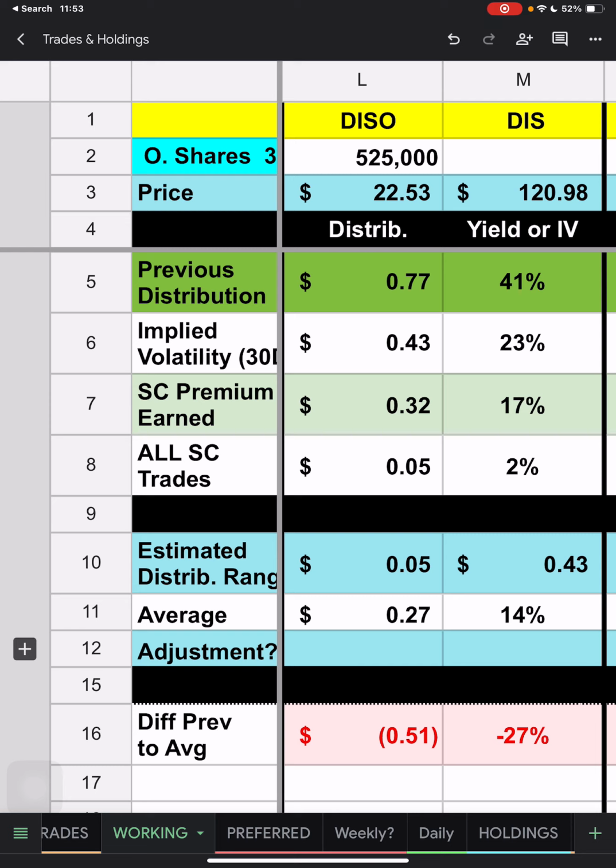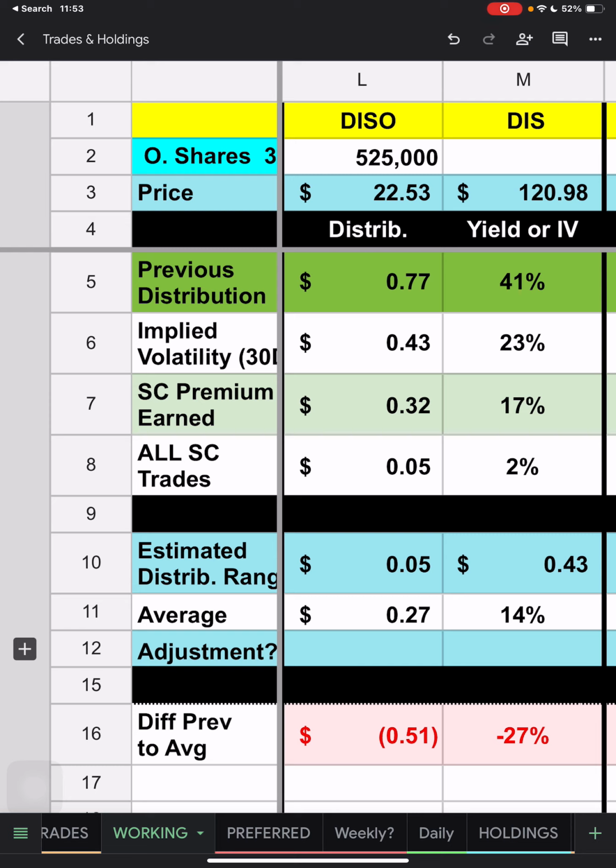If we look at the premium we've earned so far, we're looking at 32 cents. But if we looked at the net of all these short call trades, it would only be 5 cents. So the estimated range is 5 cents to 43 cents, because 5 cents is positive, so it does include that. And then, of course, it has an average of 27 cents.